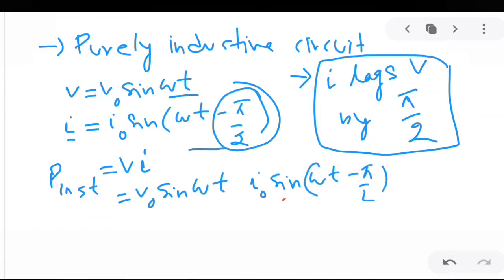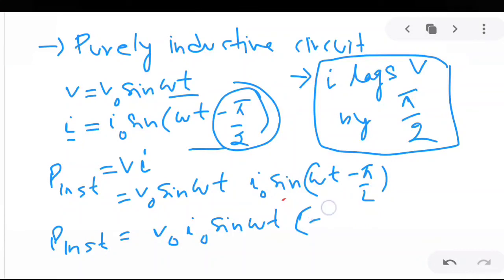So P instantaneous is equal to V naught I naught sine omega t times sine omega t minus pi by 2, which is minus cos omega t.